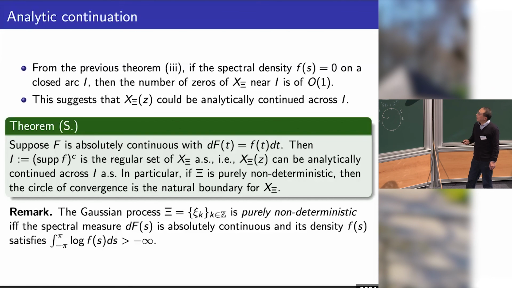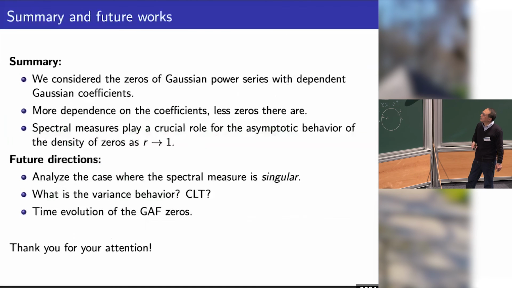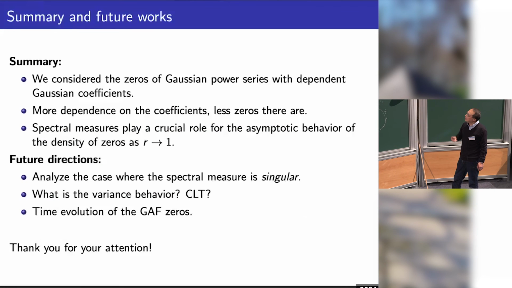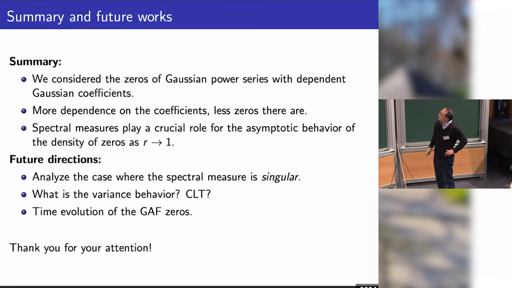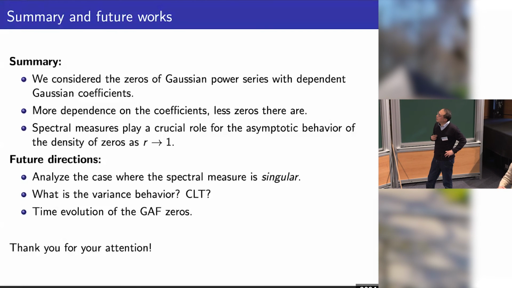But anyway, we can discuss the analytic continuation. This is a summary. We consider the zeros of Gaussian power series with dependent Gaussian coefficients. If you have more dependence in the coefficients, then there are fewer zeros.